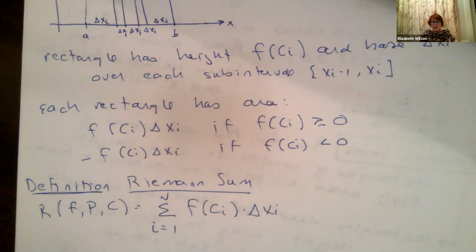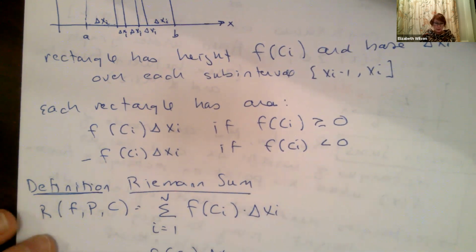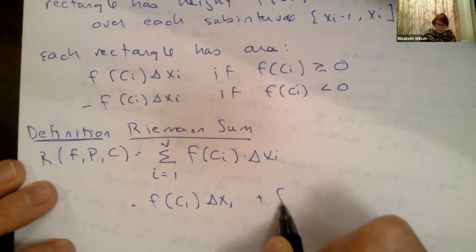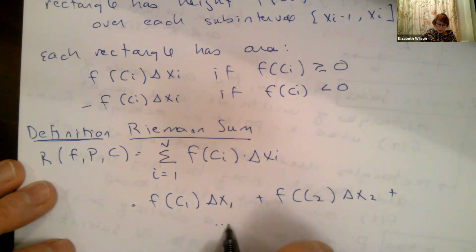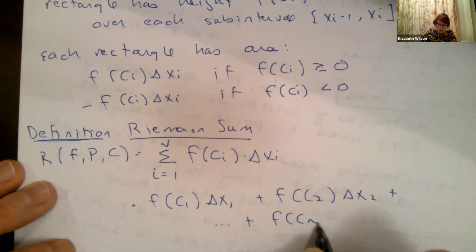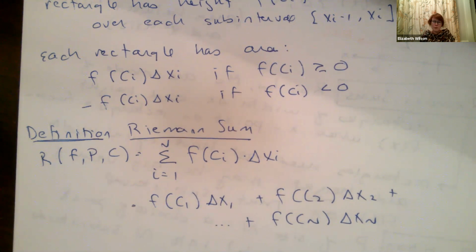We're summing up the areas of all the rectangles again, which is equal to f of c1 delta x1 plus f of c2 delta x2, and so on, plus f of c sub n delta x sub n. I'm just going to sum them all up, just like we did before.